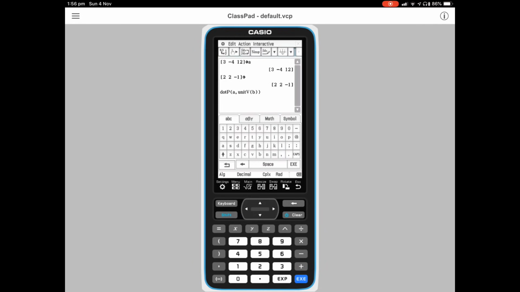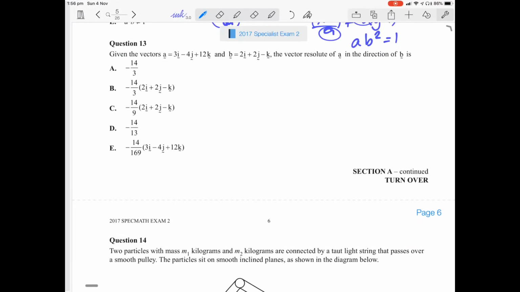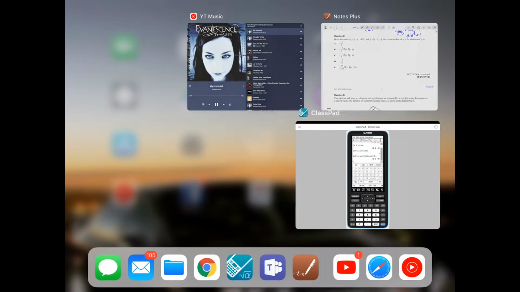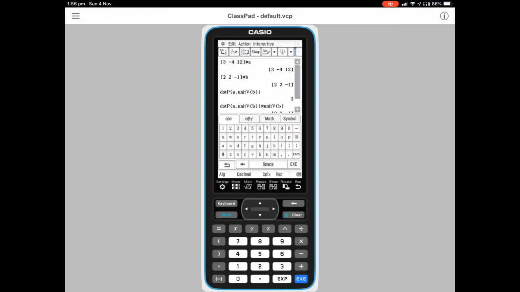Damn it, that's not B. Okay, and then we want to times that by the unit vector B, 2, 2, negative 1. Must put something in. 3, negative 4, 12. 2, 2.